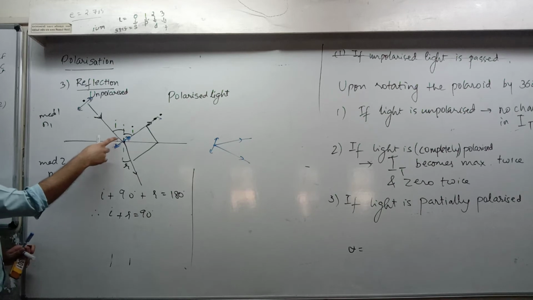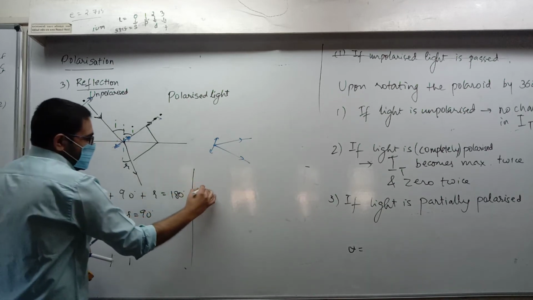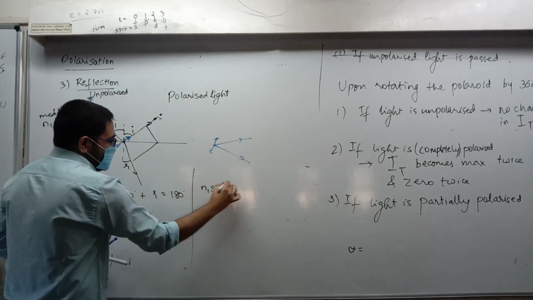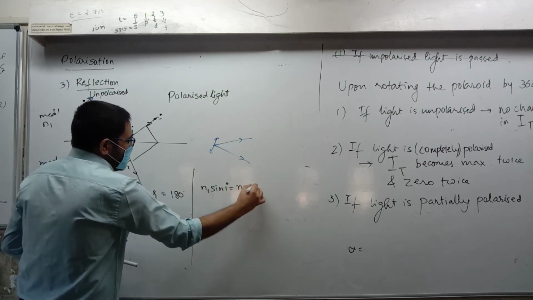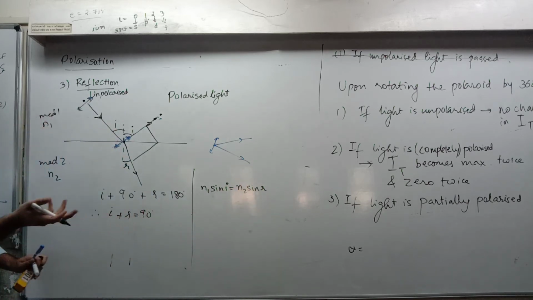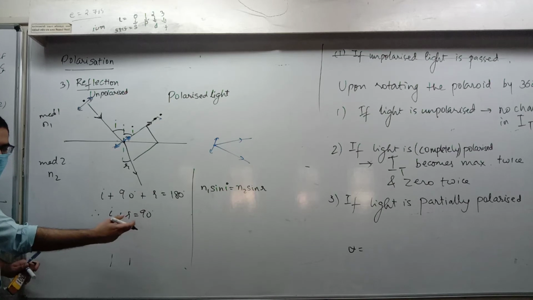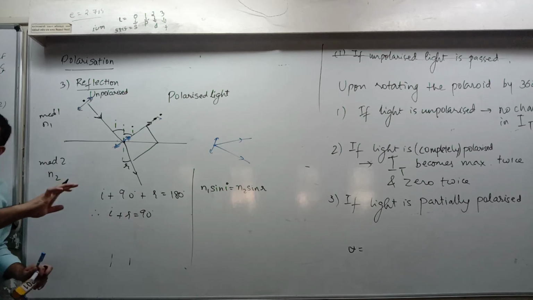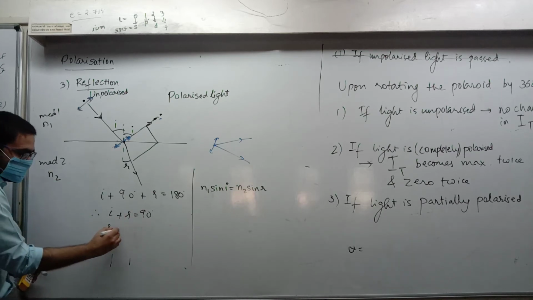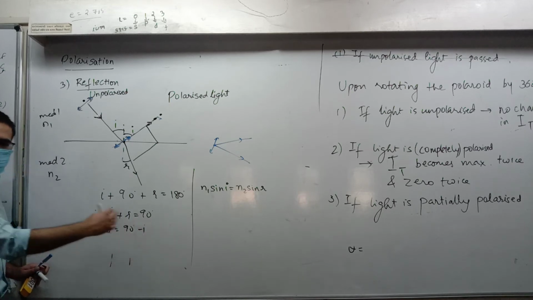law, over here, n1 sin I is equal to n2 sin R, right? Yes. Snell's law? Yes. Instead of sin R, since I plus R is 90, put cos I in place of sin R. Complementary angles, do you see that? Yes. Alright?